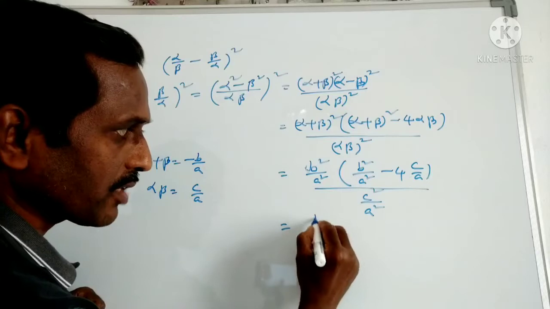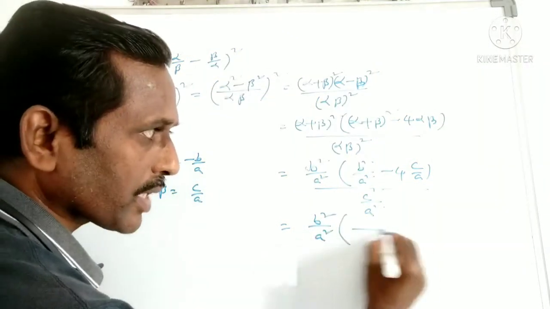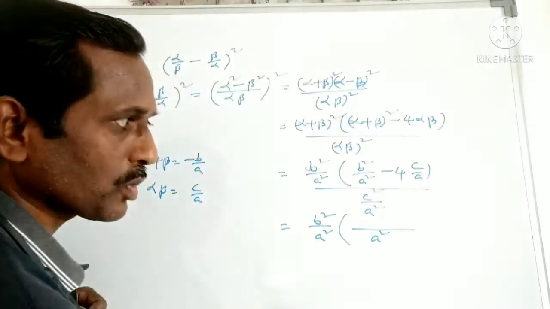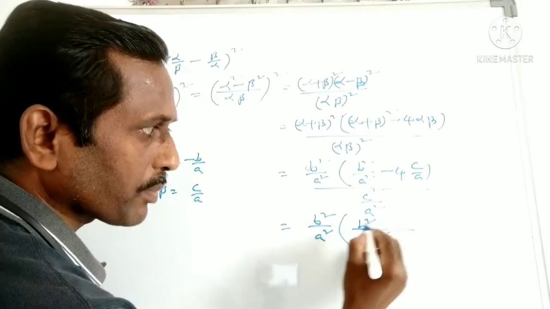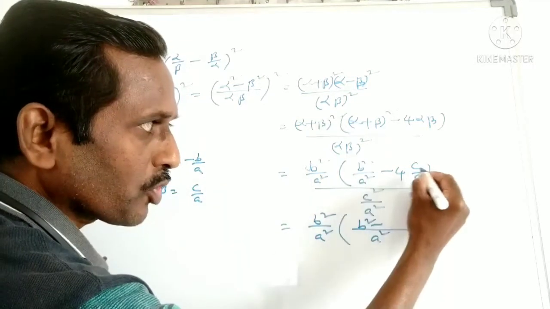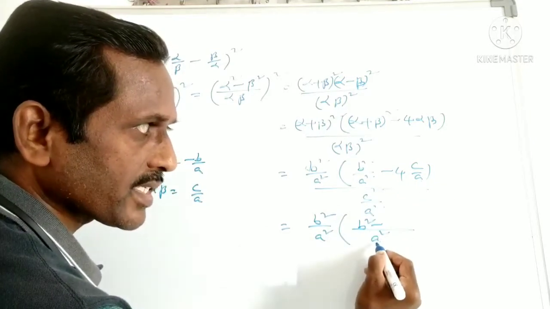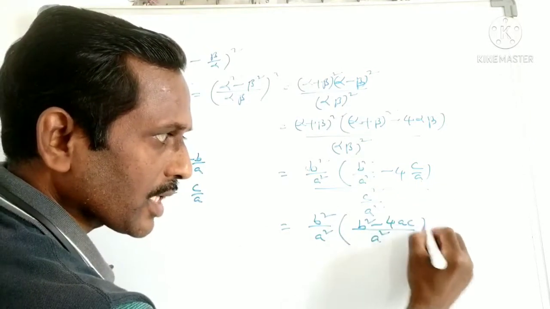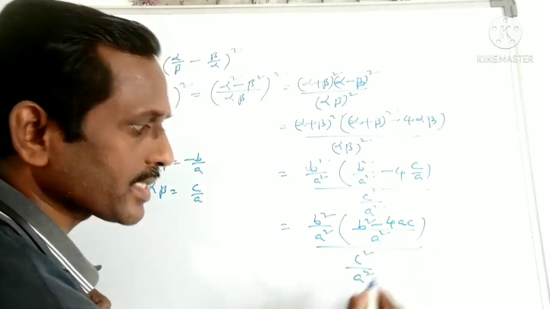So here we have b square by a square as it is. Inside the bracket, taking a square as LCM, you will get b square minus 4 times ac, because a only is there, we took a square as LCM. So 4 times ac over c square by a square as it is.